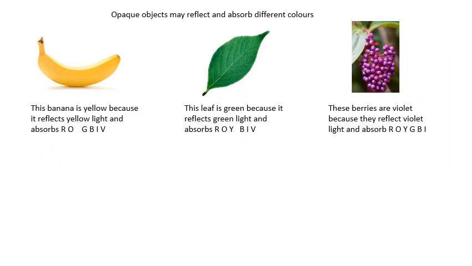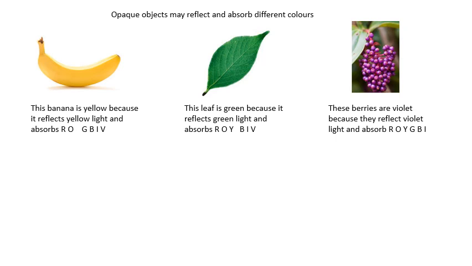Now, opaque objects that appear a certain color, such as this banana. Now, this banana looks yellow, and the reason it looks yellow is because it's reflecting yellow. This banana is yellow because it reflects yellow light, and it is absorbing, now not ROYGBIV, but R-O-G-B-I-V. Notice that the yellow's not there because it's reflecting it.